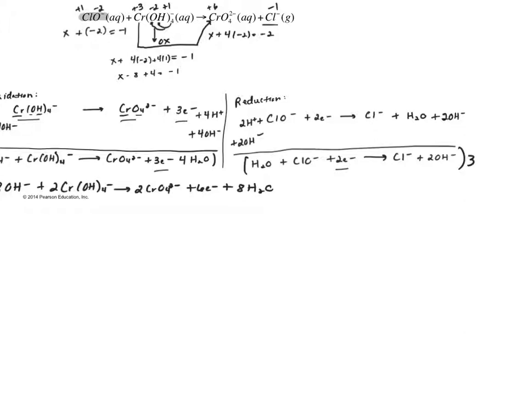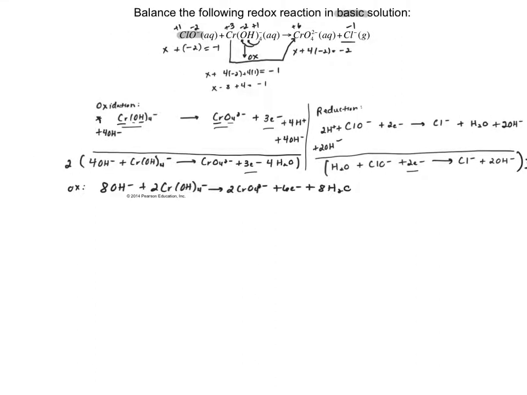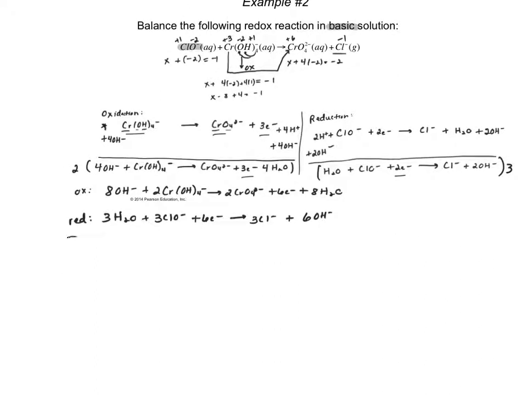I need to multiply this by 3, right? Because we need 6 electrons total. So then for my reduction, I'm going to have 3 H2O plus 3 ClO- plus 6 electrons going to make 3 Cl- plus 6 OH-. Yep, okay. So now they're balanced with respect to charge.